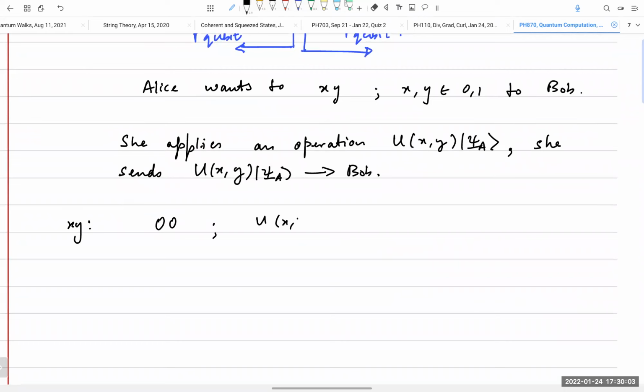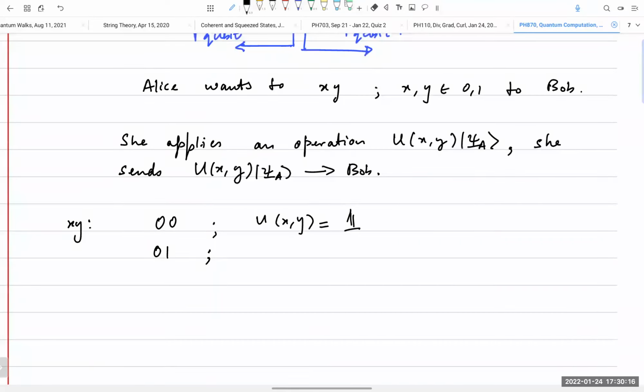In that case, she does nothing to her qubit. It's just unchanged. It's just the identity. If she wants to send 0, 1, then what does she do? She applies the Z gate to her qubit.